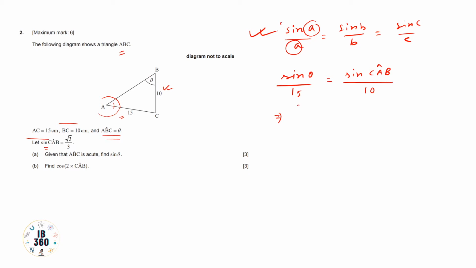So sine theta divided by 15 equals, the value of sine angle CAB is root 3 by 3, so we put root 3 by 3 into 10 here. From here we get sine theta equals root 3 into 15 divided by 3 into 10.